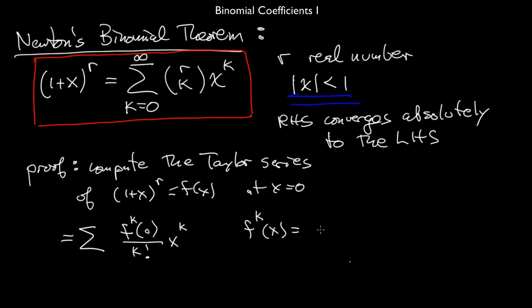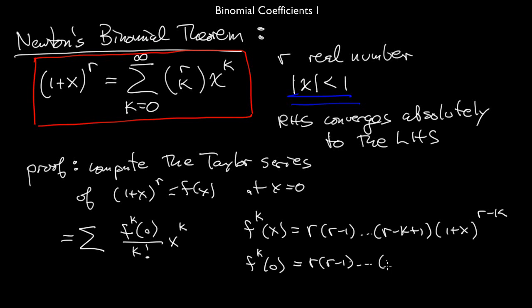Well, it's r times (r - 1) times dot dot dot, k terms, down to (r - k + 1), times (1 + x)^(r-k). And when you plug in 0, you just get this thing, r to the k falling. These are k terms like this. And the last factor is 1. And you just plug that in, and you get the formula. You get r times those k terms divided by k factorial times x^k. And I'm skipping over proving that it's absolutely convergent, but that's actually quite easy.